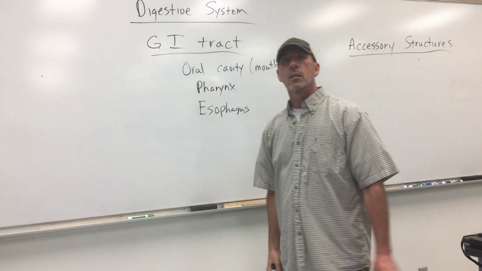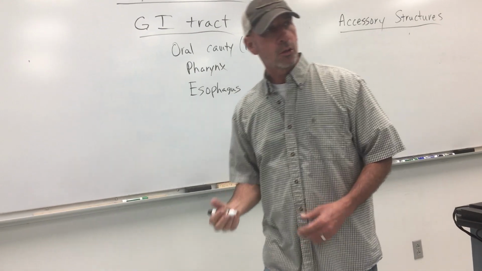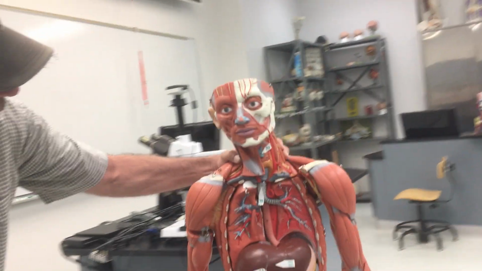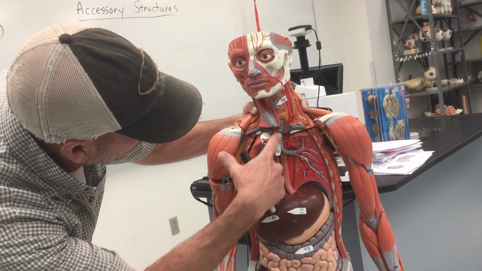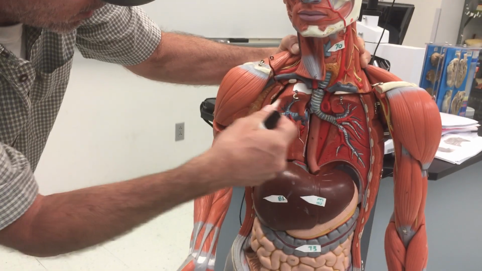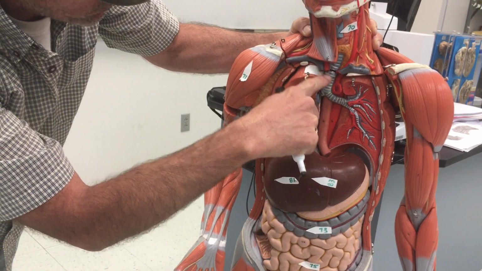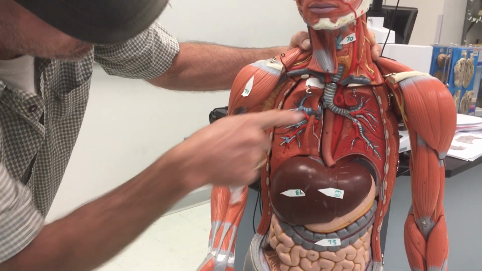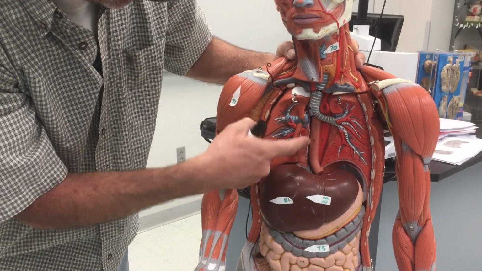Now the esophagus, we have a long tube here that passes down. Now you can't see it in this model very well because it has all the muscle here in the way, and even the trachea. But if we move this tag there, you can see this blue and white striped looking thing with the cartilage rings as our trachea branching out to the main bronchi.